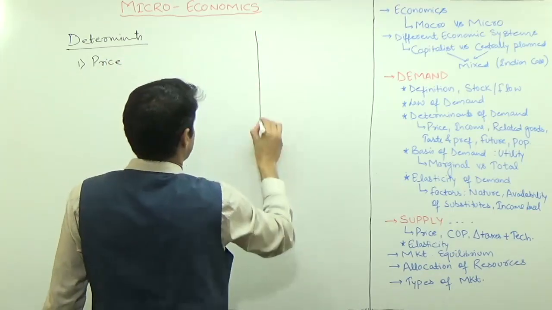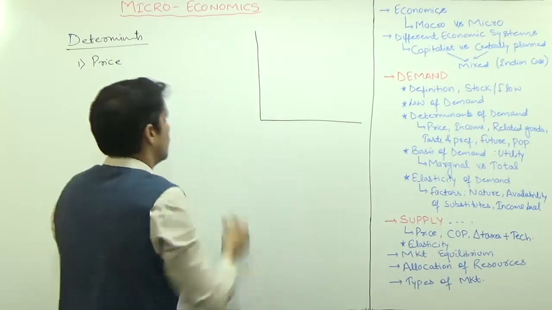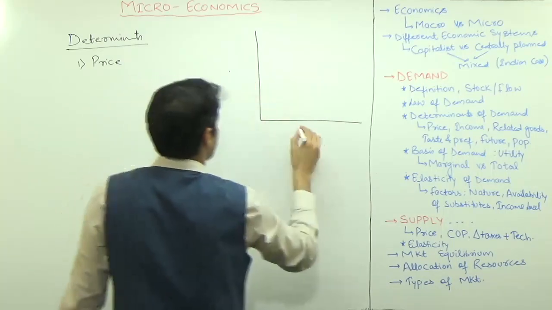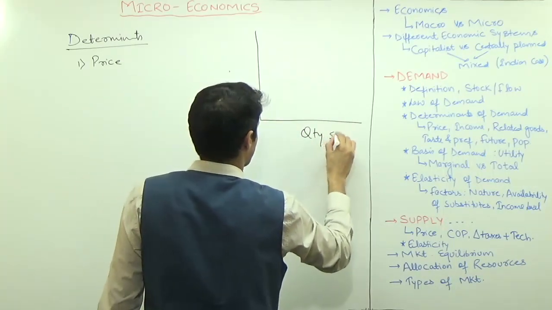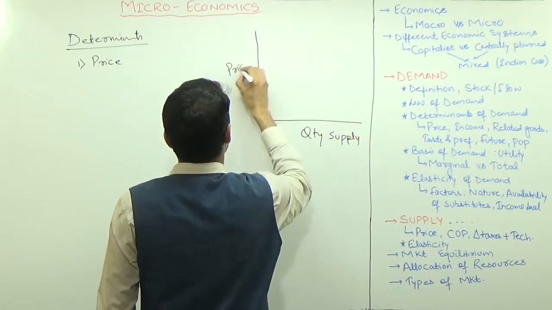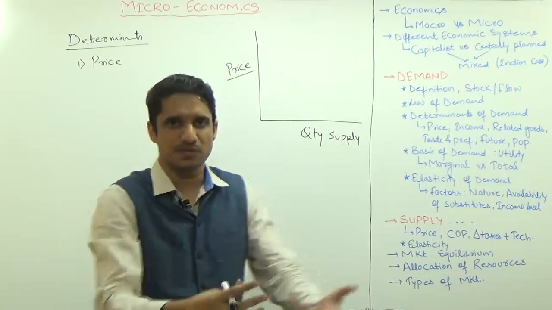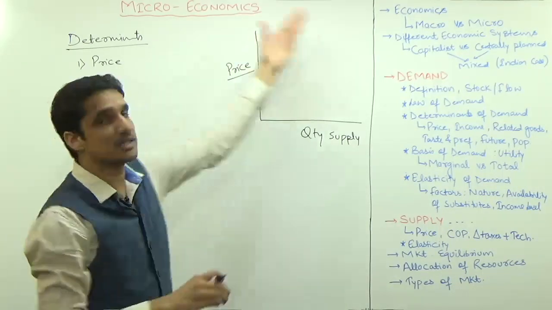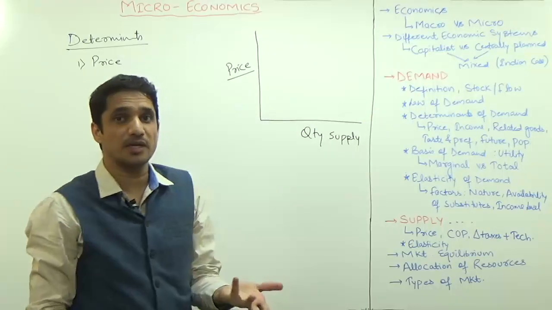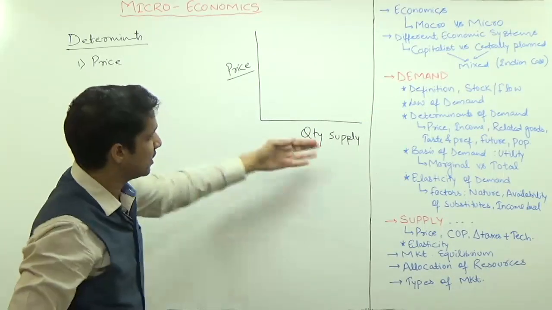So the graph of the supply curve, or the law of supply, is from the perspective of suppliers, from the firms. If the price of any commodity increases, my revenue is increasing. If I am a company, I will increase the supply.